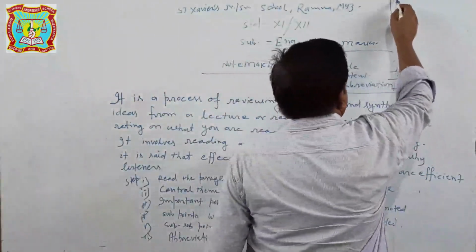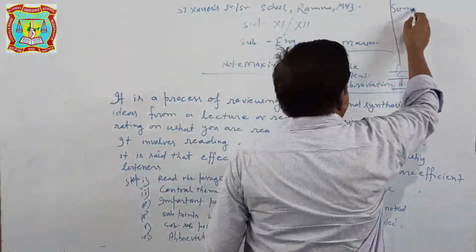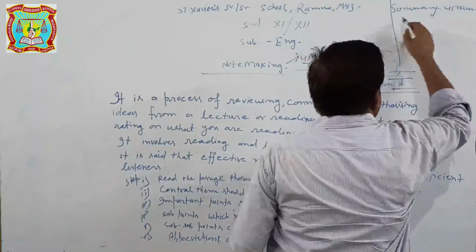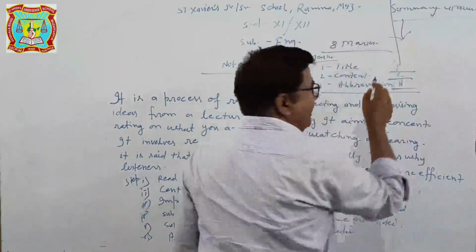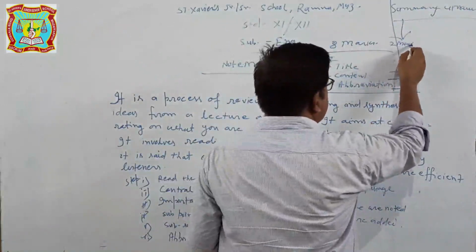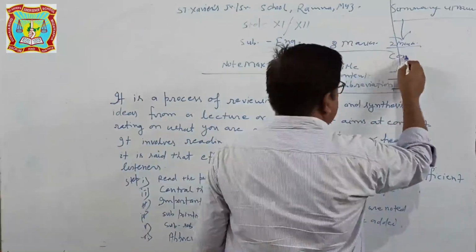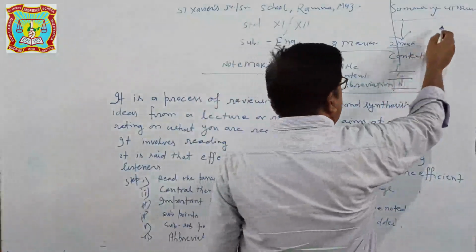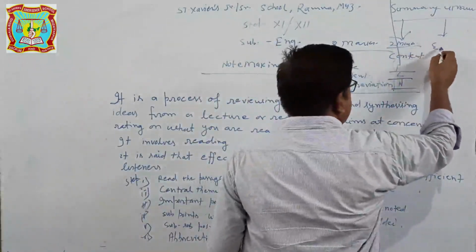See, summary, 4 marks, and the division will be 2 marks for content and 2 for expression.